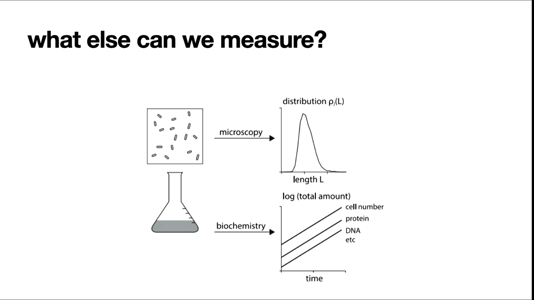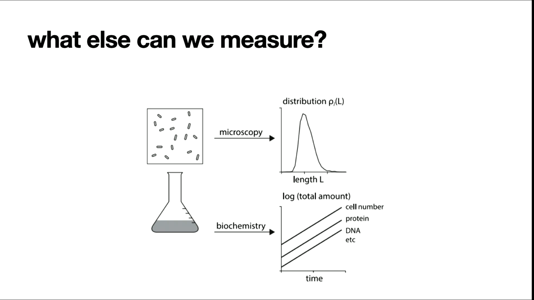Or you can do biochemistry: you can measure how many proteins there are inside these cells, what type of proteins, which proteins they express, how much DNA they have. You can sequence DNA and see how different it is. So this is in general what people do if you enter a microbiology lab. What people are doing all the time is growing bacteria and measuring stuff, okay?